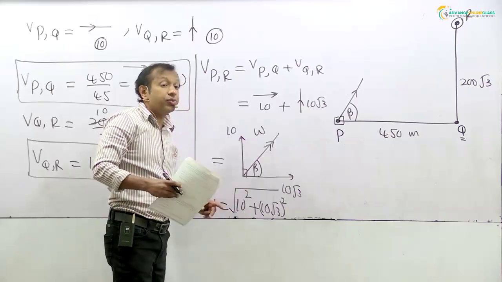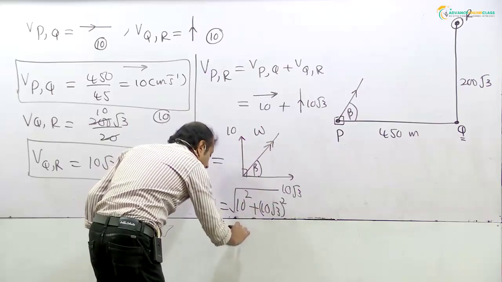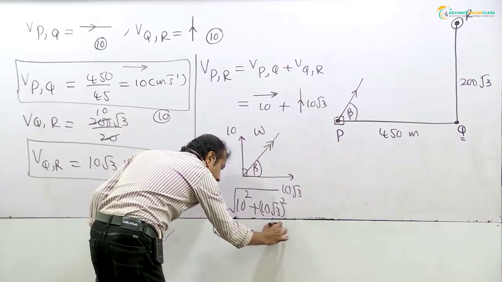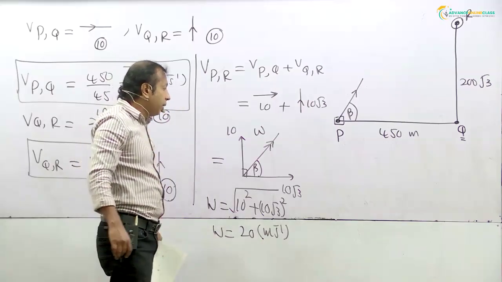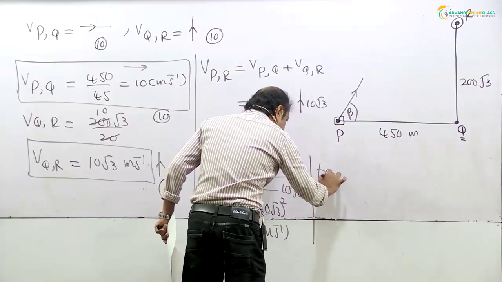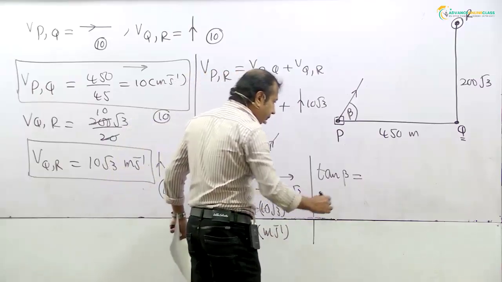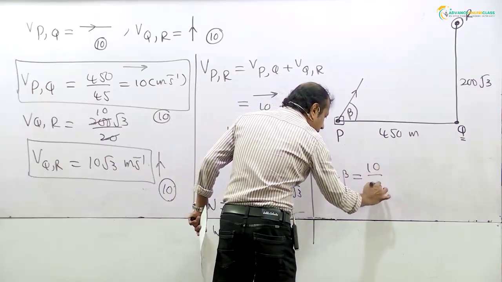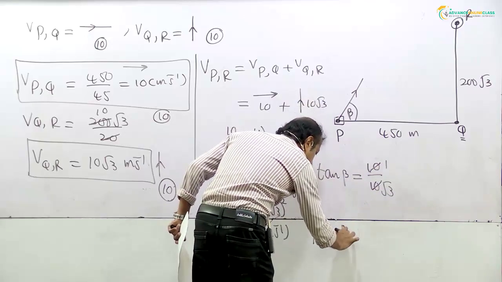Root 400 means 20. W is 20 meters per second. What is tan beta? Tan beta means 10 over 10 root 3. Cancel this and this. What is beta? 30.